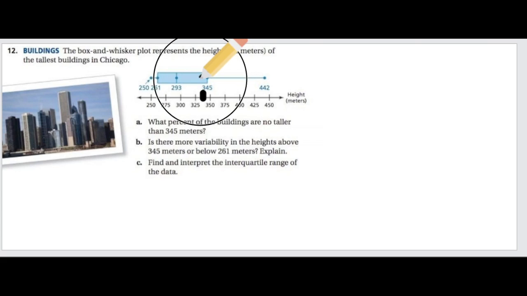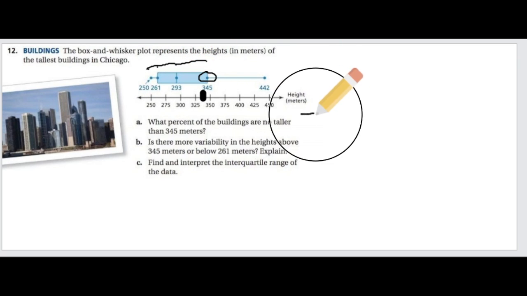So here's 345 meters. When it says what percent, remember, from my minimum to quartile 1, that's 25%. And from here to here is 25%. And from here to here is 25%. So 25% plus 25% plus 25% is going to equal 75%.